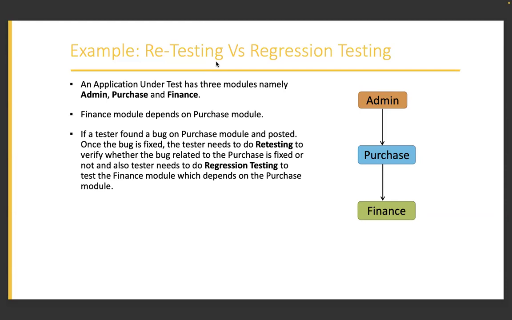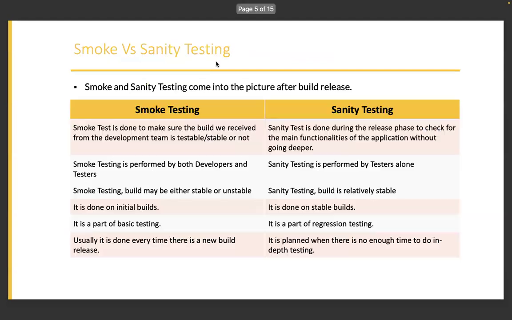And if he wants to see the impacted modules such as admin as well as finance, at that time he will do regression testing. So regression testing is done on the impacted modules, guys. Please remember, and retesting is the validation of the same bugs which have been found, guys.